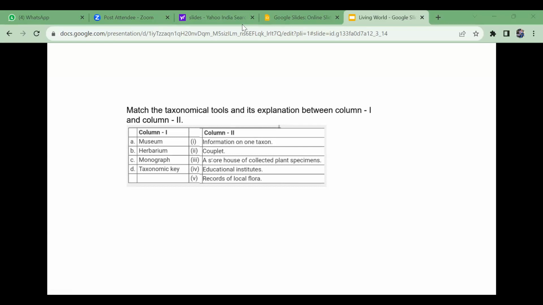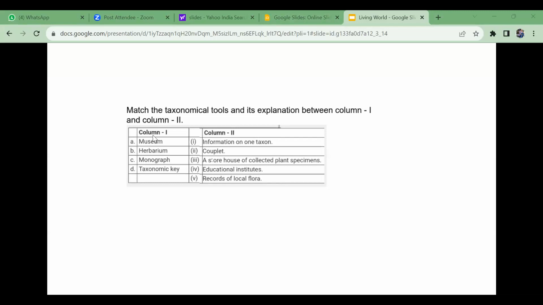The taxonomical tool and its explanation between 1 and 2. This is a match the following. So you need to arrange and tell me. Just write A, 1 or 2 like that and send me. Okay. Sharva, do it full and send. Do it completely and type and send. Okay, Spruha, correct. Okay. Okay, Tanvi, Vaidehi.